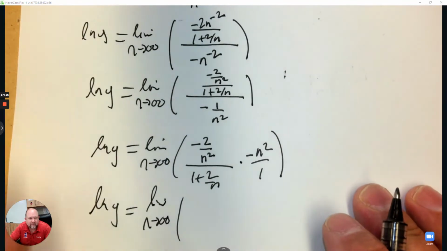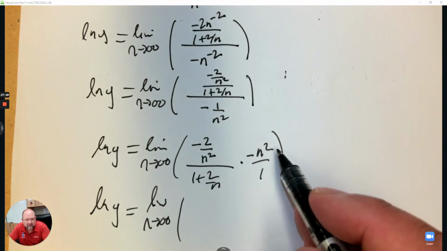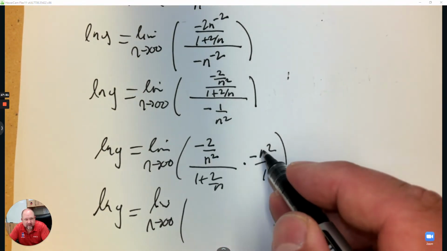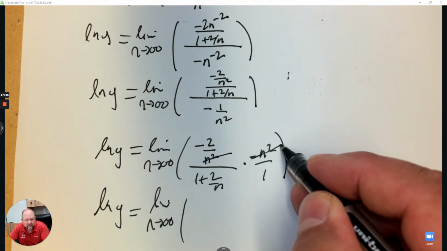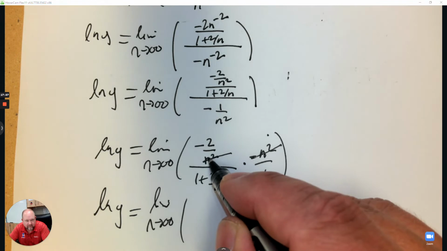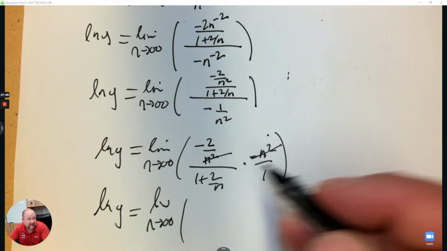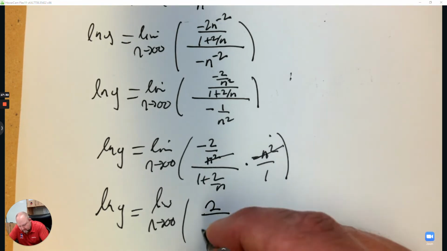If we can simplify this. When I multiply these together, think of this as negative n squared over 1 here. The n squareds would cross out, because there is one n squared on top and one n squared on the bottom. A negative times a negative is positive, so you end up with this.